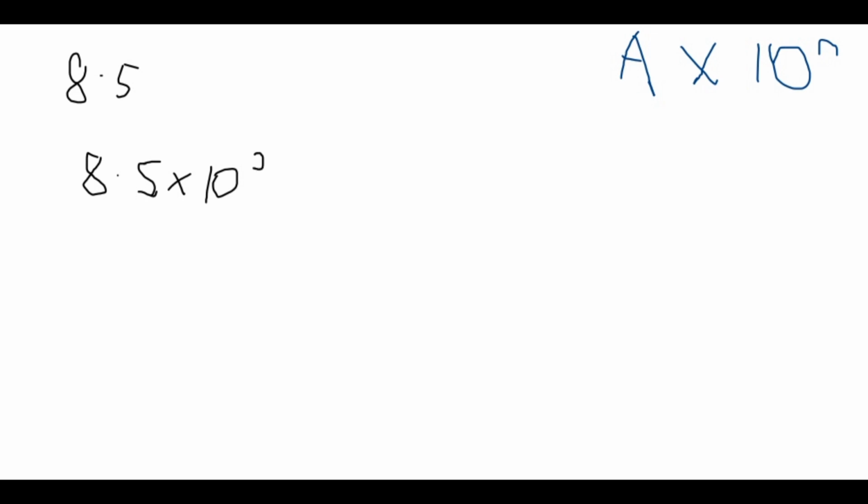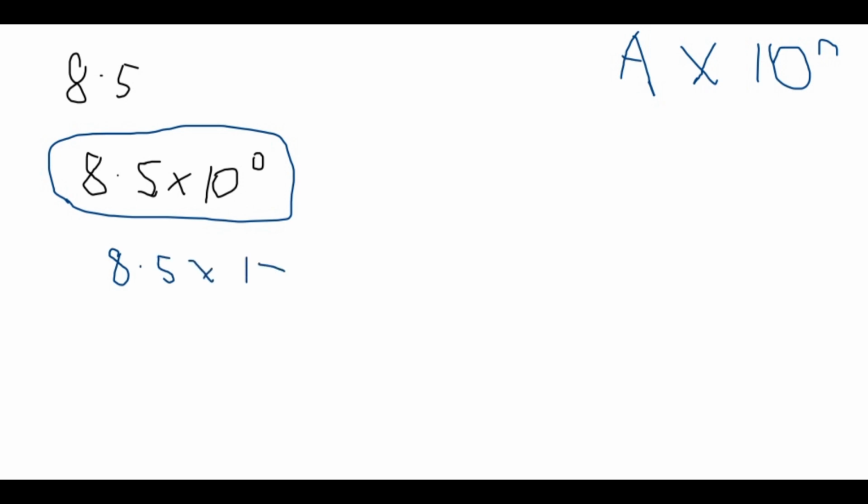It moved 0 steps, and this is your answer. And to prove it, we can say 10 to the power of 0. Anything to the power of 0 is 1. So in that case, we have 8.5 times 1, which is equal to 8.5. So it remains like this.